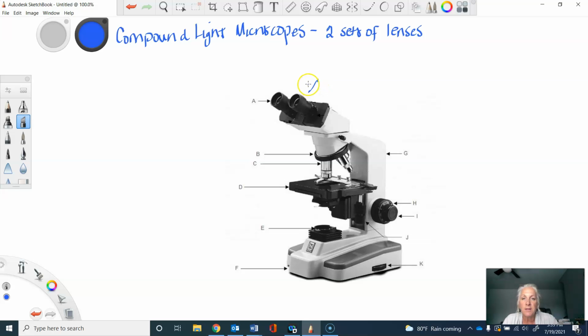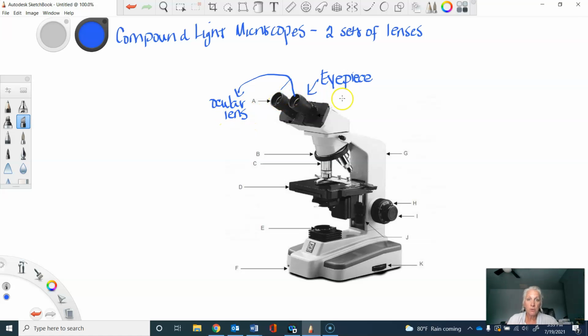So this area here is the eyepiece. And the eyepiece has two little holes in it. So this, and this would be A here. These two things are called the ocular lenses.